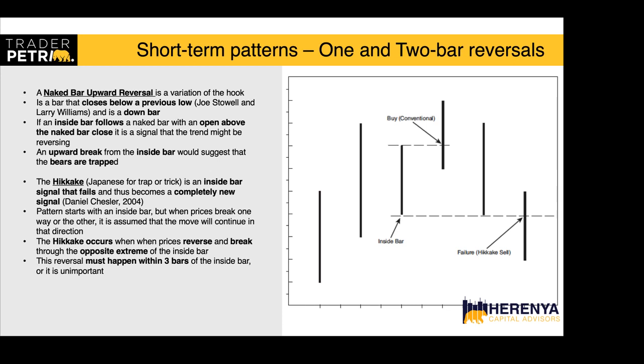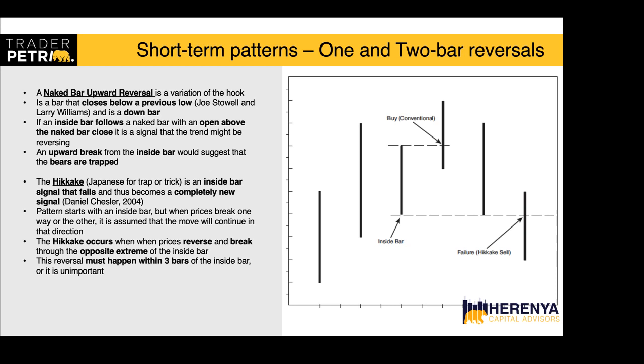An upward break from the inside bar would suggest that the bears are on the wrong side. Because obviously we've seen that the directional breaks from inside bars are relatively strong. So up to that point, it looks like a fairly bearish setup, and then there's an upward break from the inside bar, and all the bears get squeezed out.